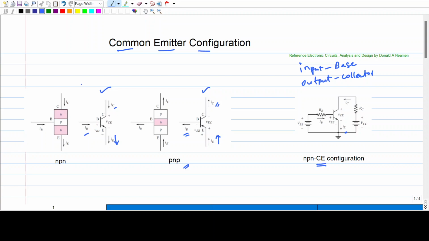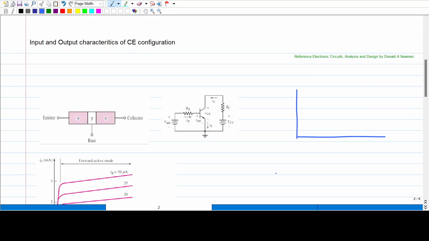Now we will see the input characteristics of NPN transistor. Here we can see the NPN, emitter, base, collector. Now to get the input characteristics, we have to note down what is the value of base current for different values of VBE.